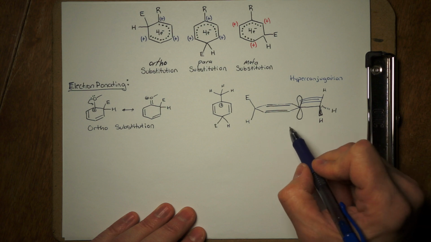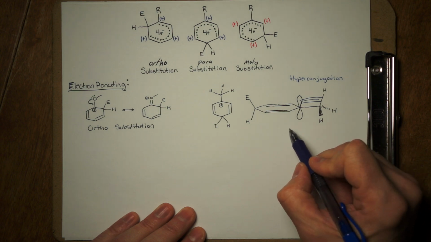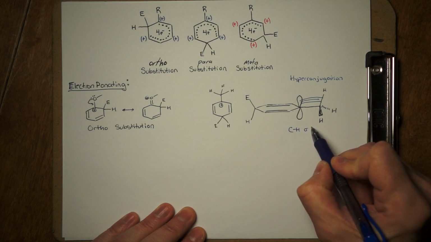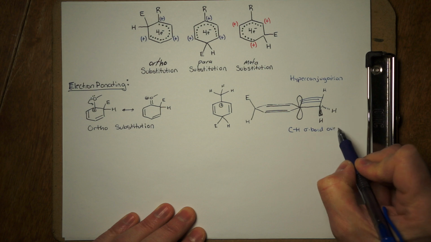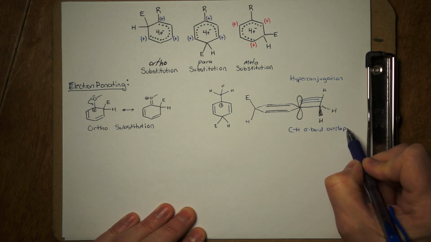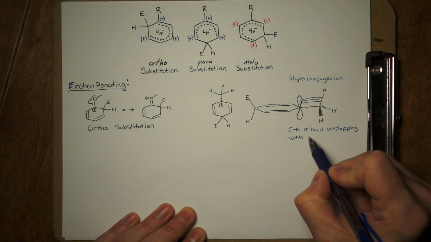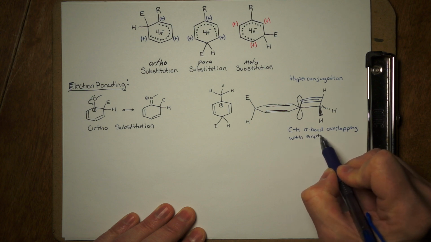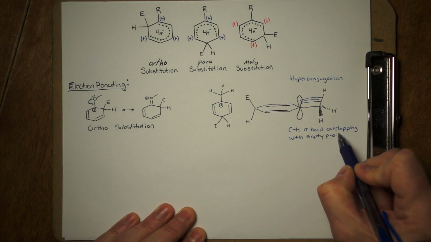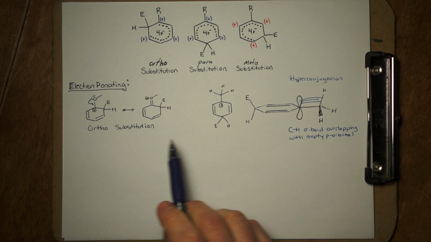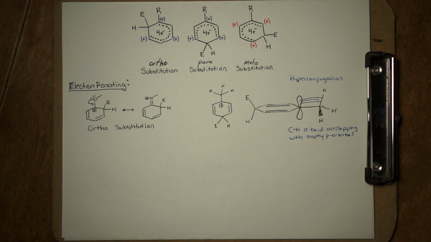Okay, and it's specifically the overlap of the carbon-hydrogen sigma bond overlapping with the empty p orbital on carbon, okay?